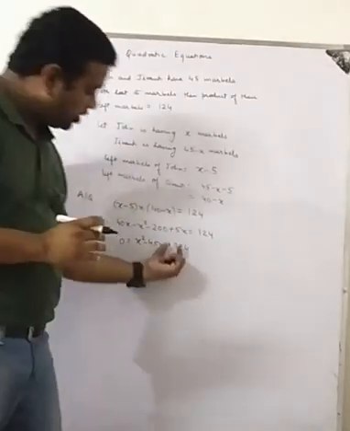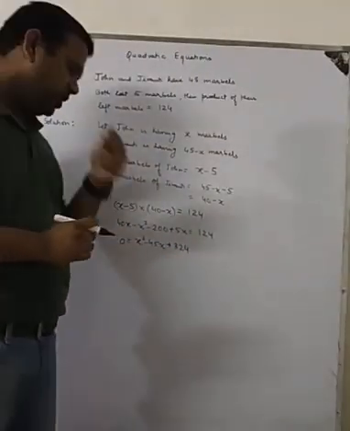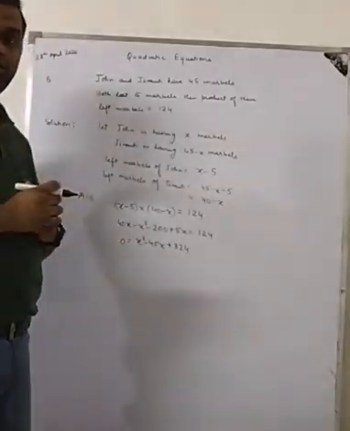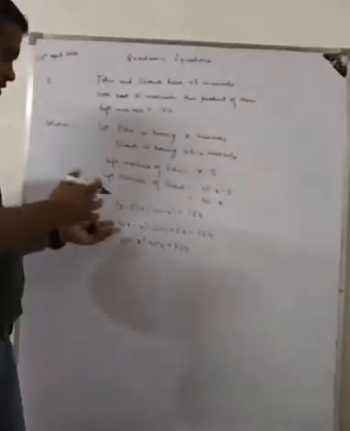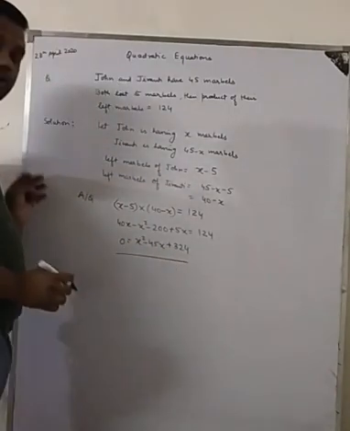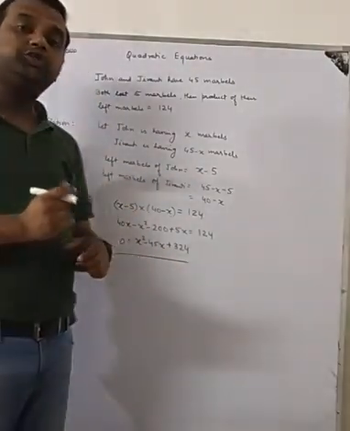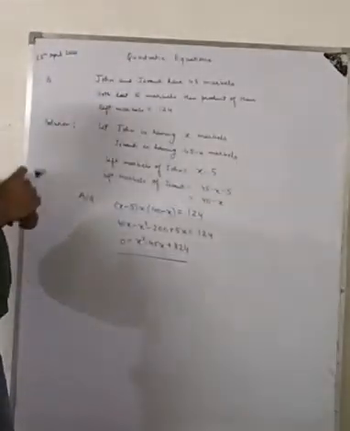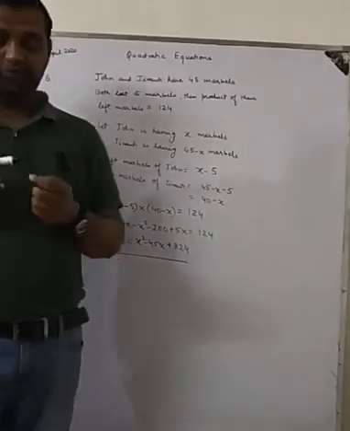We need to break this 324 in such a manner that it will give me 45. There are methods. In this way we first form the equation and then we solve using middle term splitting.